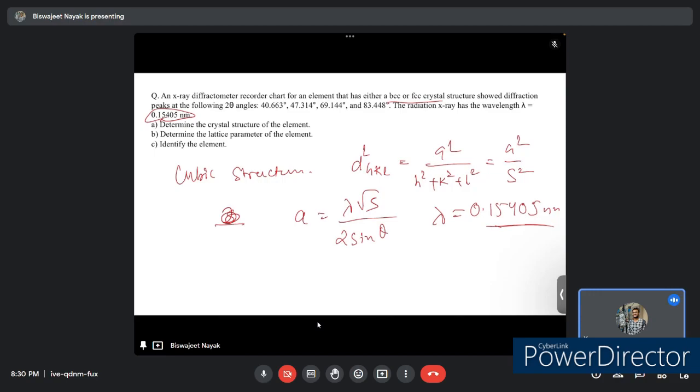If h plus k plus l is even, then we are getting BCC values.